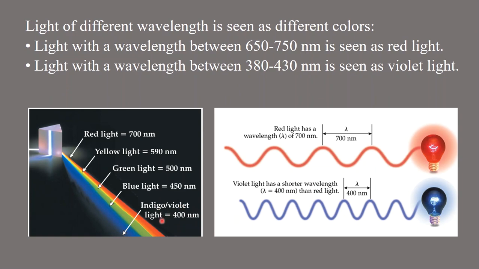Indigo or violet is about 400 nanometers, blue is 450, green is 500, yellow is 590, and red is 700 nanometers. The wavelengths between about 380 and 750 nanometers are collectively called visible light because these are the wavelengths our eyes are designed to detect. When all of these wavelengths impinge on our eye at once, we see white light.